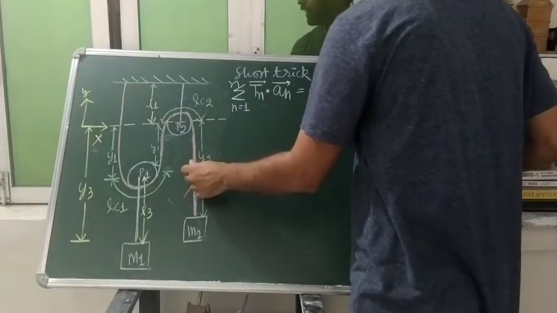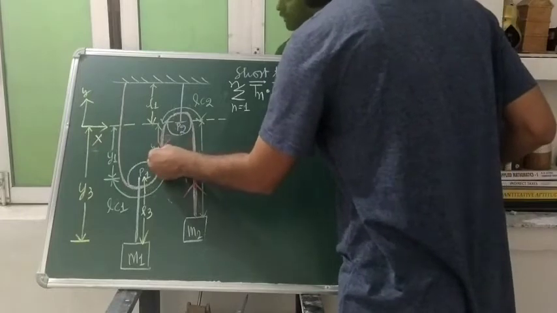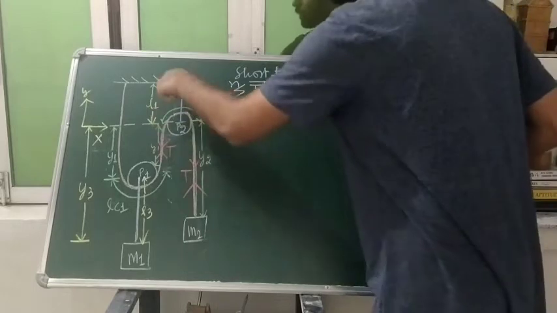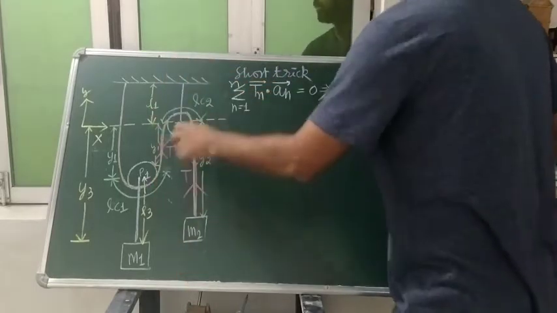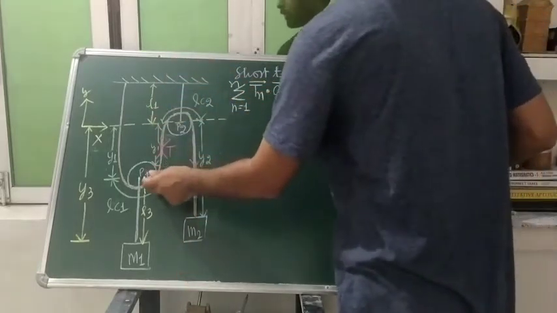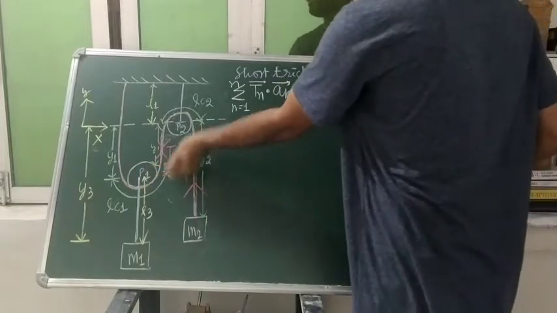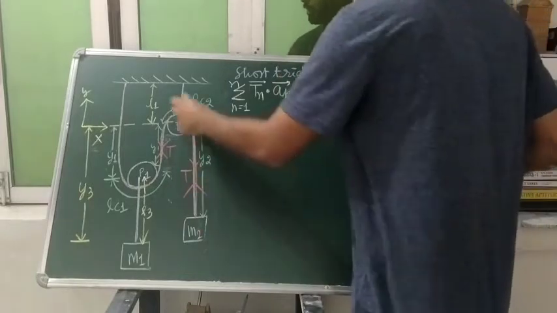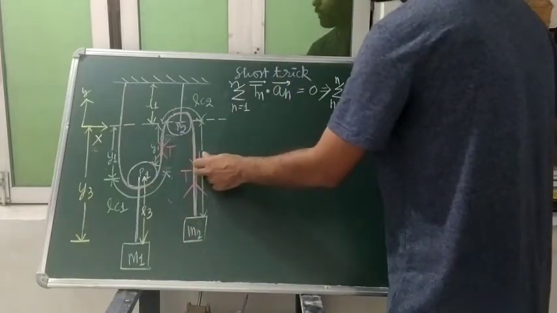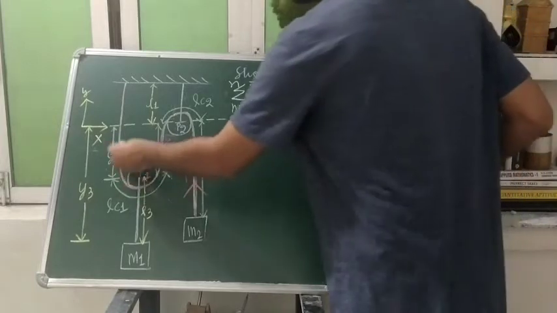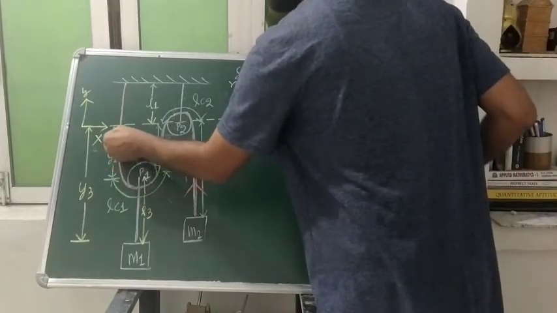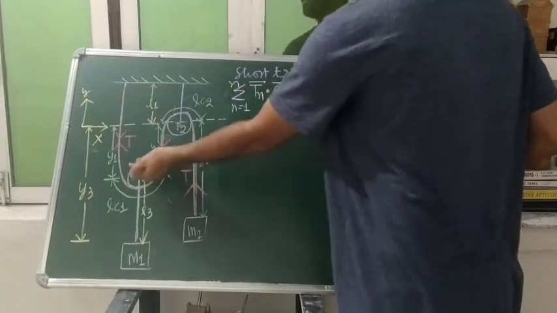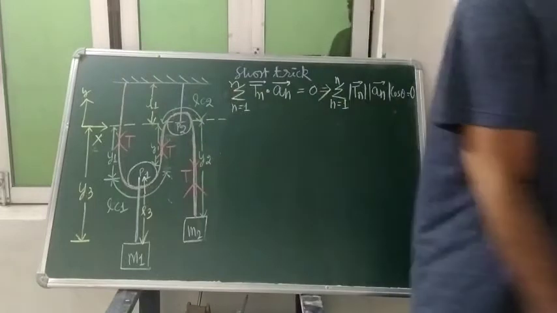The same tension T will act here as well, because the pulley is frictionless and massless. For the pulley P1, the tension will be upside along this string, and it is the same string, so whatever tension is produced here, the same tension comes out here, and it will be in a pair. For P1 it will be like this, and for the ceiling it will be like this.